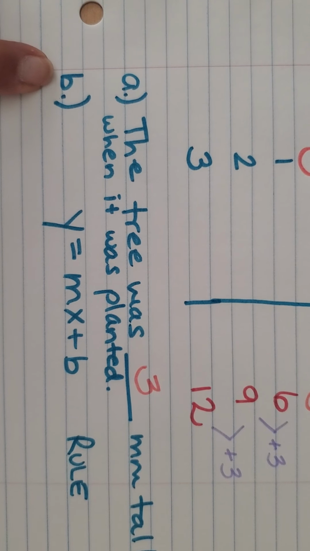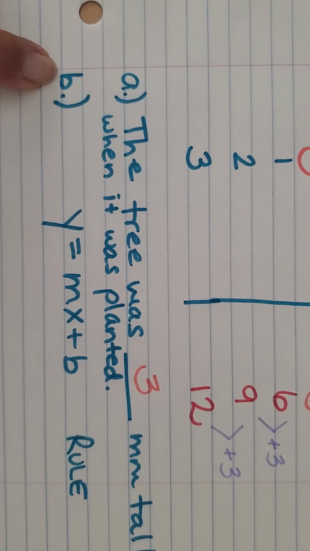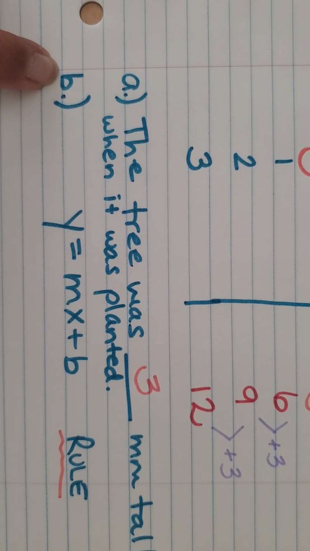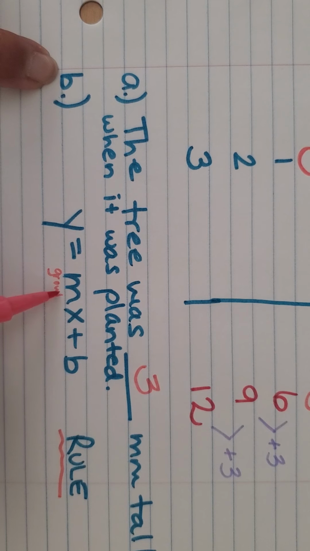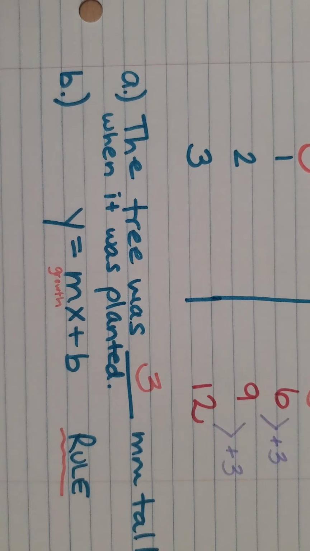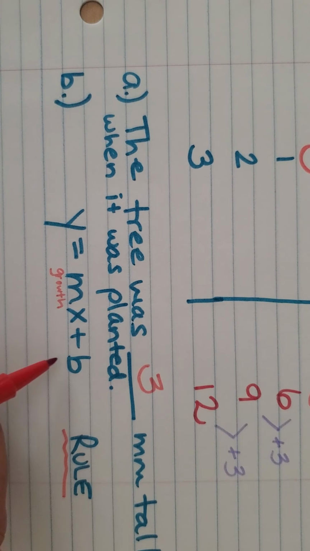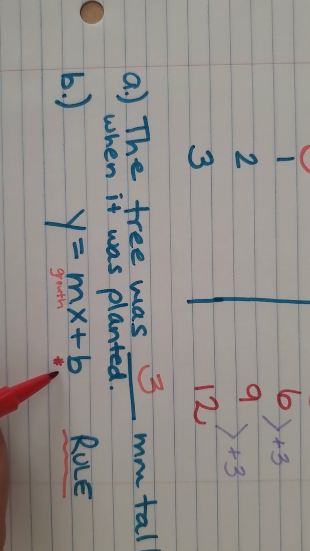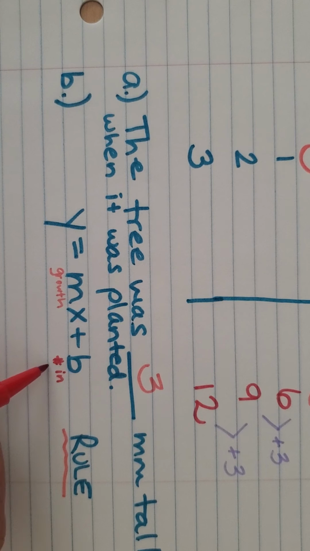Now for letter B, we want to create a relationship. We want to create a rule. So remember, the M is your growth. The B is the number in figure, step, or day 0.